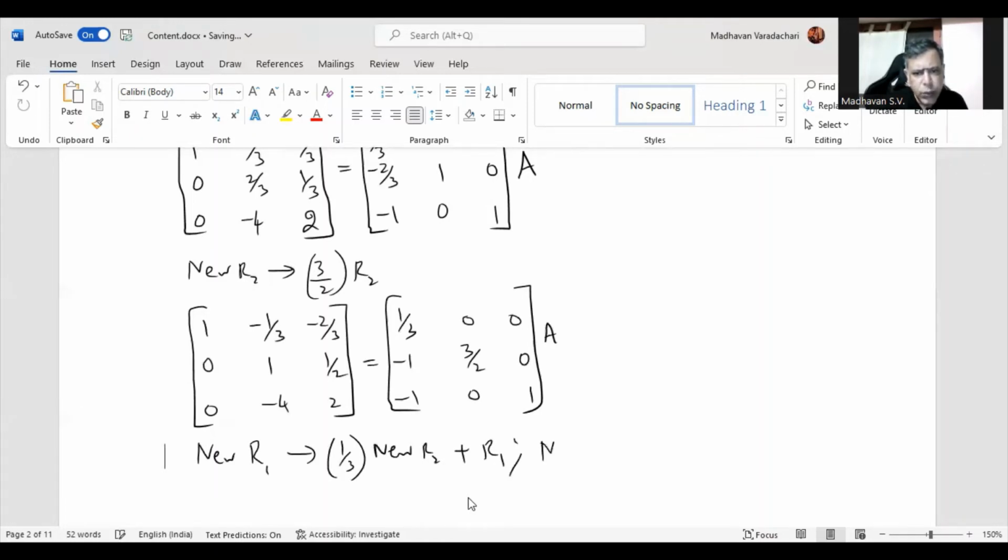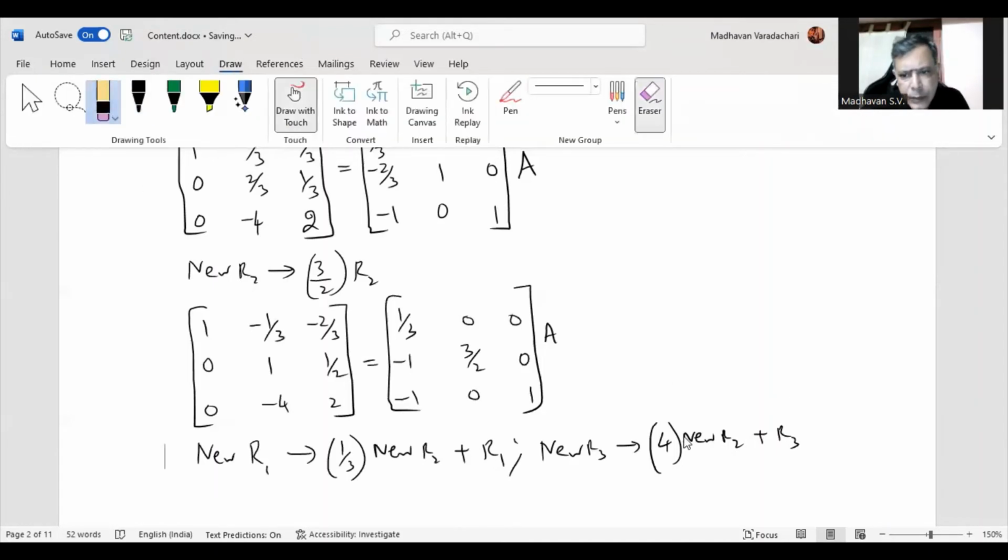And then new row 3 will become 4 times new row 2 plus row 3. I'm sorry, not new row 2, it is row 2 only. 4 times row 2 plus row 3. Here also, I'll remove that new word.